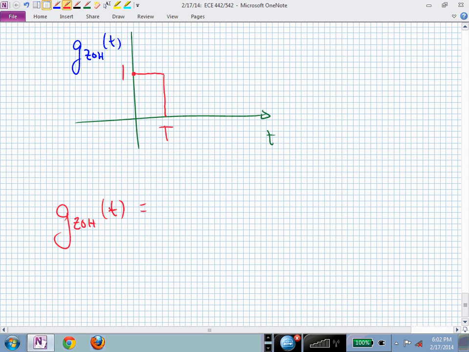And we know how to describe or model a pulse in terms of elementary functions, and in particular, unit steps. G sub ZOH of T we could describe as U of T, and that would just keep going and going, but we need to turn it off, and we can turn it off 1 time step later, 1 sample period later, and that's now a model of this unit pulse response of a zero order hold.